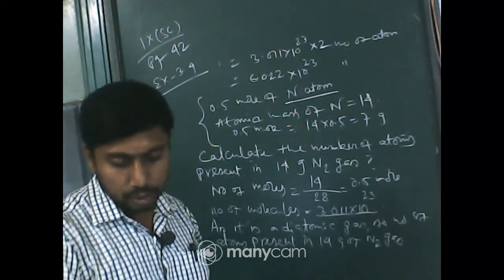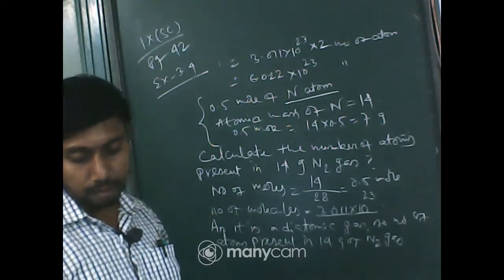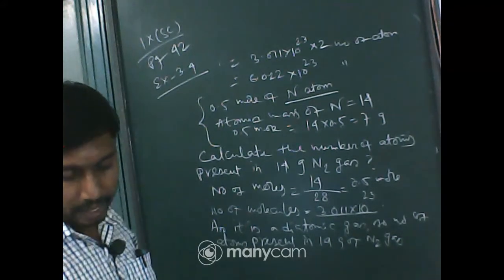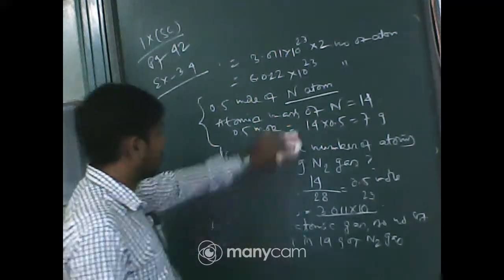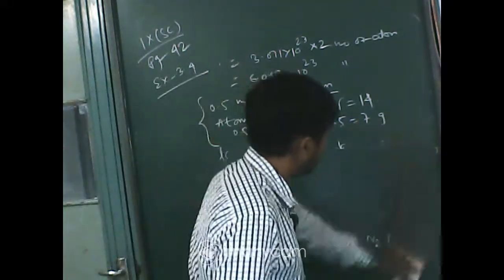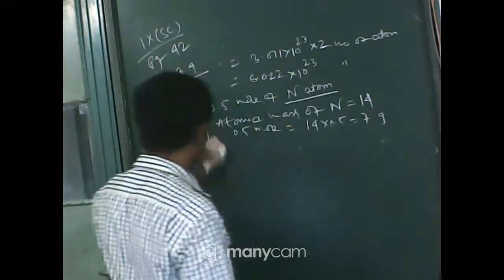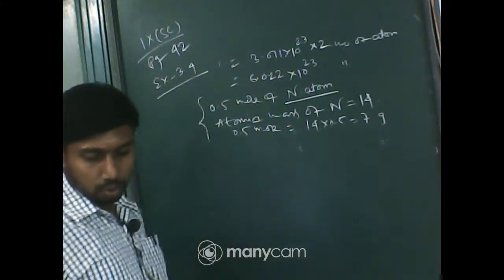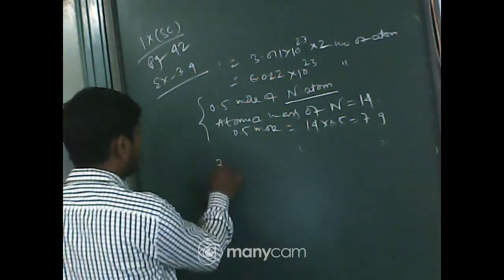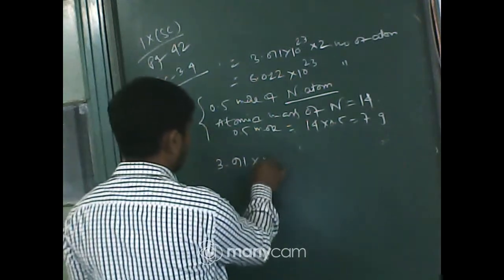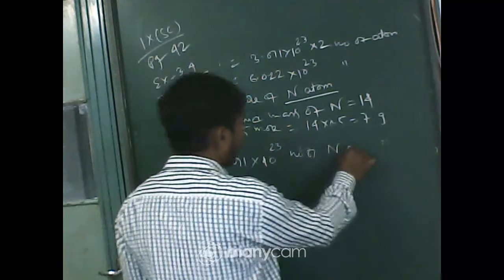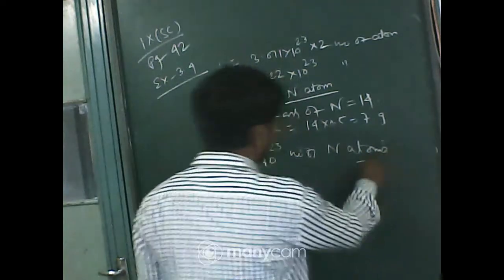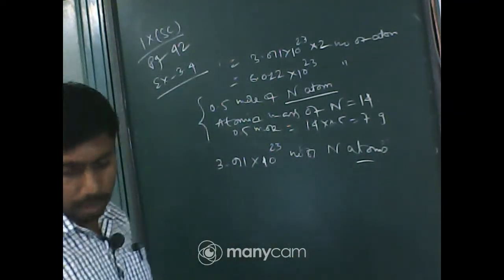Next, come to problem 3. 3.011 into 10 to the power 23 number of N atoms. You have to calculate the mass.